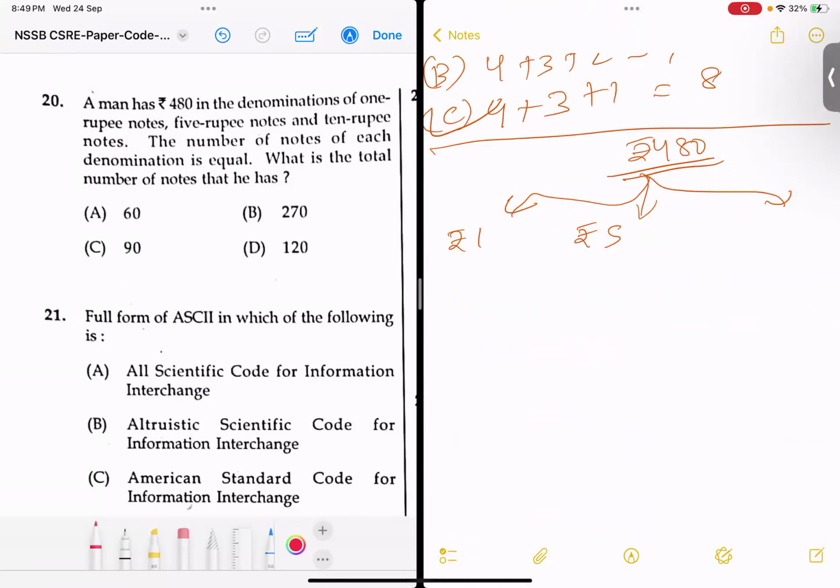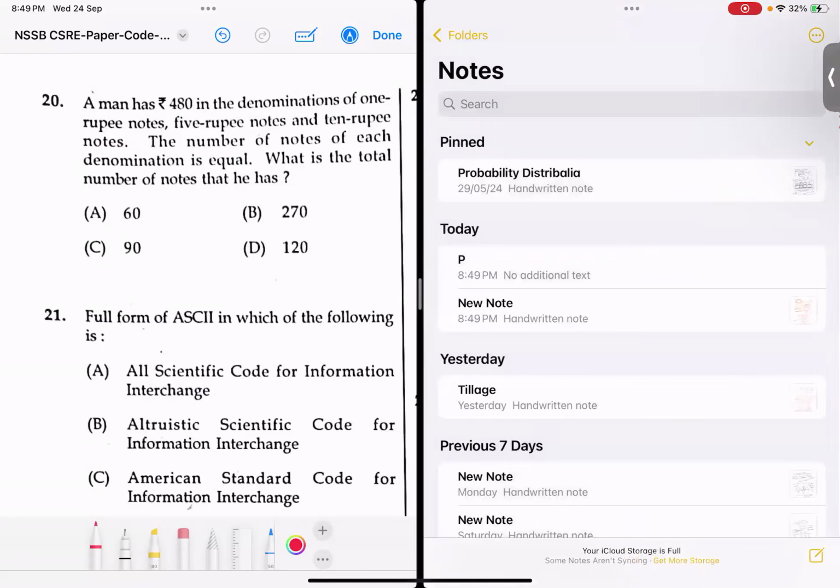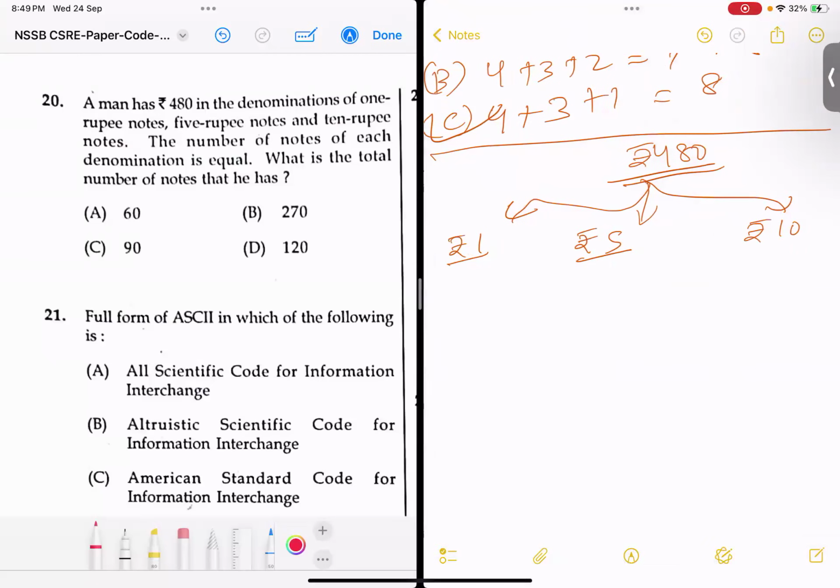So these are the 3 types of notes that the person has, okay?